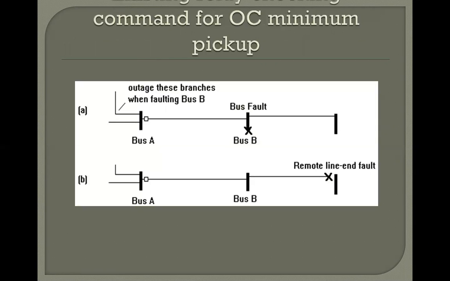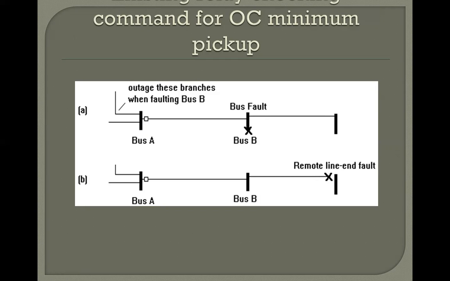So here's a picture of what I'm talking about. The relay that I'm concerned about is right where I'm pointing on the left-hand side near bus A. The first check is to put a fault at the remote bus B and see if the relay picks up.